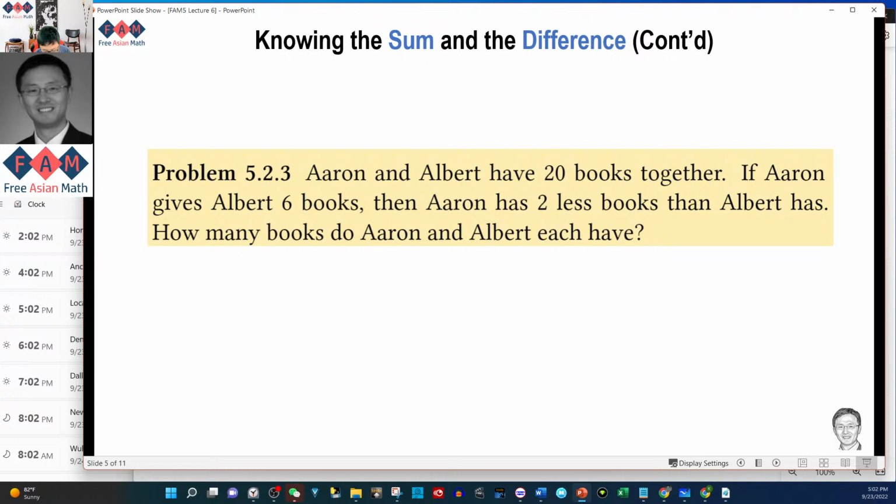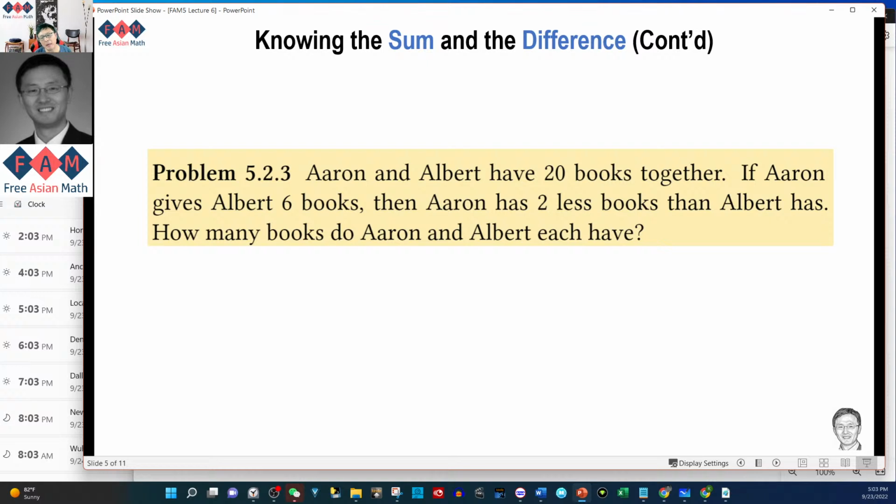If Aaron gives Albert 6 books, then Aaron has 2 less books. So how do we know originally, meaning without this hypothesis, the difference between Aaron's books and Albert's books? You can reason backwards, right? After this hypothesis, Aaron has 2 less books.